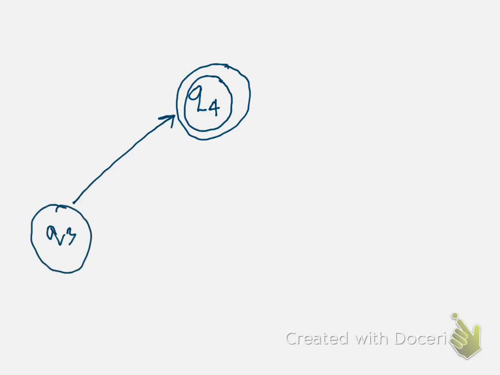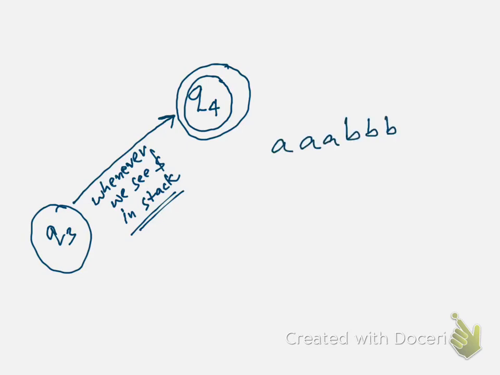Let me explain it again. When we are moving from Q3 to Q4, whenever we see a dollar in the stack, we move to Q4, right? Whenever you reach a final state like this in your pushdown automata, if your input is still not processed completely, your string will be rejected.